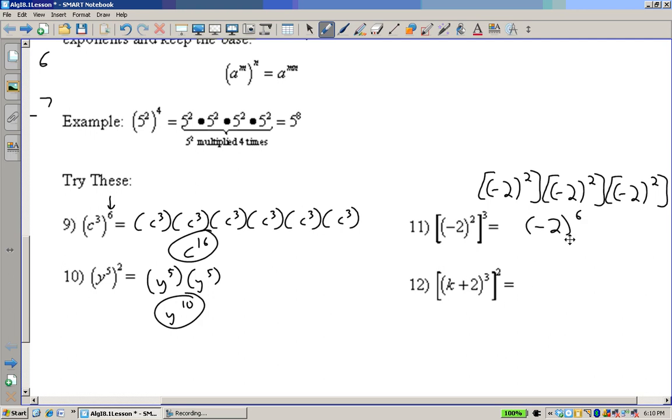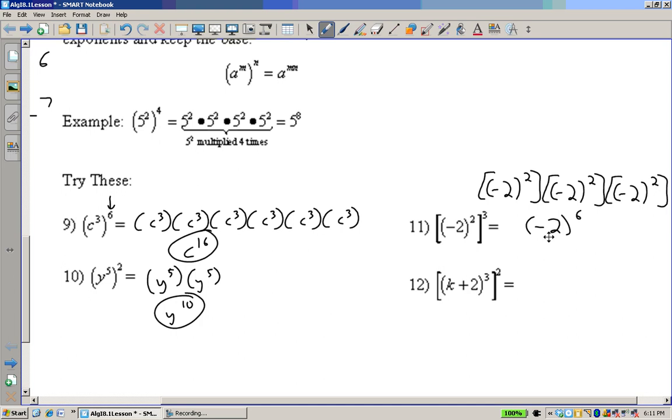Well, what can we tell from that? Well, since we have just this number here in parentheses, I can actually do something about this. We have 6 2's, definitely. How many negatives are there? There are 6. Now, 6 negatives, that's an even number of negatives.